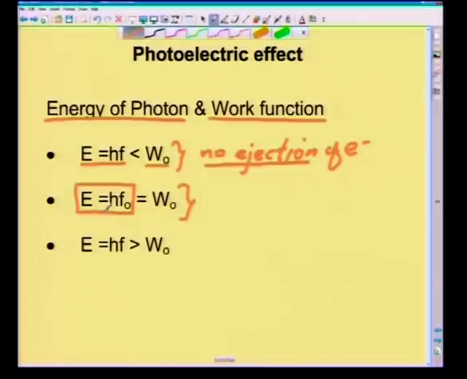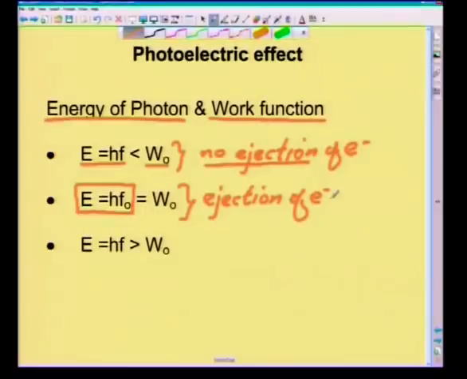The energy carried by this photon is just enough. It's exactly what is required to eject an electron. So here, there will be electrons ejected, okay? Ejection of electrons. But something is not going to happen. What is that something?